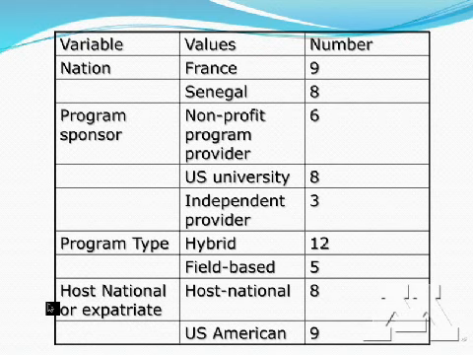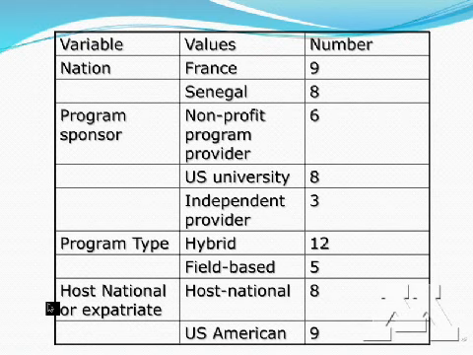U.S. universities would be a university like Tufts University or Dickinson College, or some colleges that have satellite campuses or satellite programs, but with a permanent staff, a permanent operation in country. And then an independent provider would be a small study abroad organization that just runs 1 or 2 programs, for example.